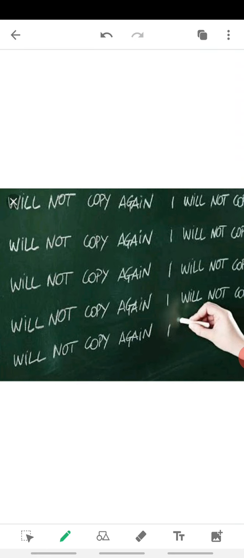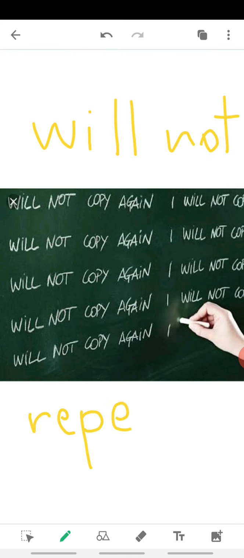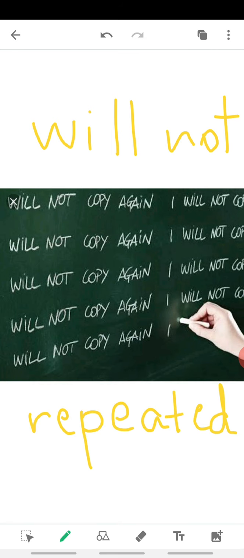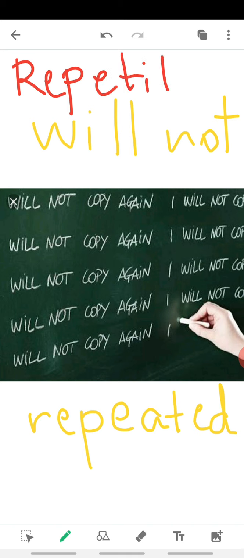Let me take you to the next figure of speech. Now what do you see here? I will not copy again, I will not copy again, I will not. Can you see the words "I will not" are repeated? So a line or a phrase or a poem where words are repeated for more poetic effect, that figure of speech is called repetition.